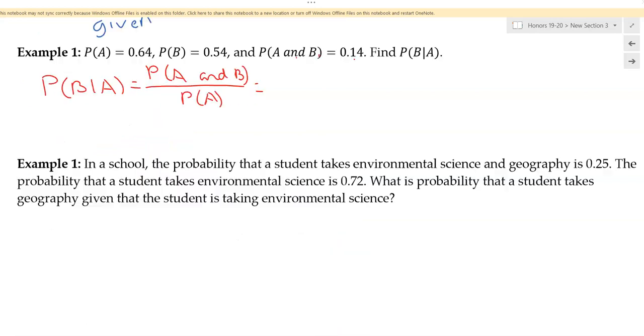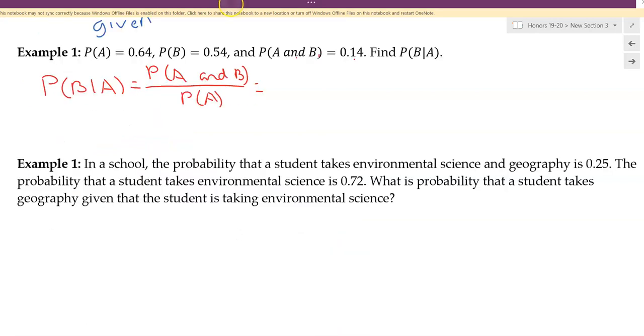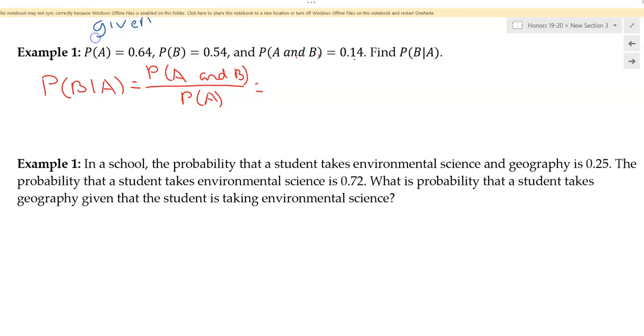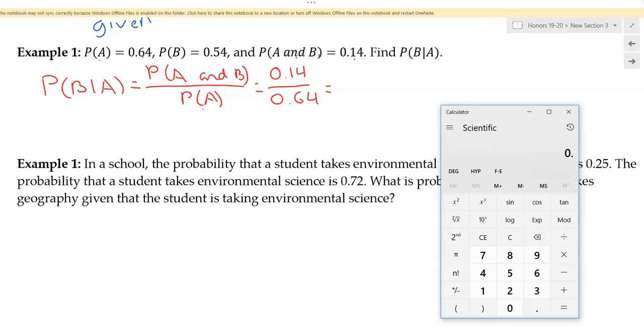Let's try this again. And the probability of A is 0.64. So if I divide those, I'm just going to use this calculator.